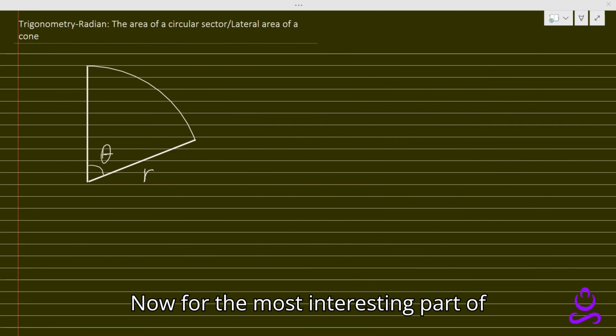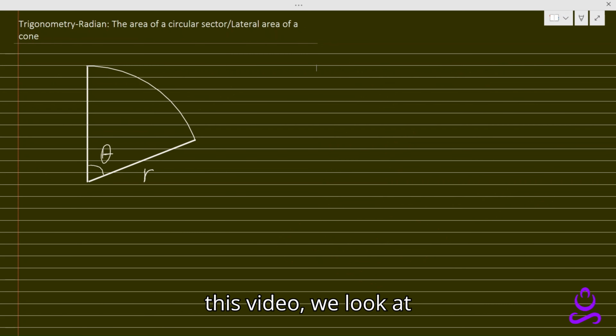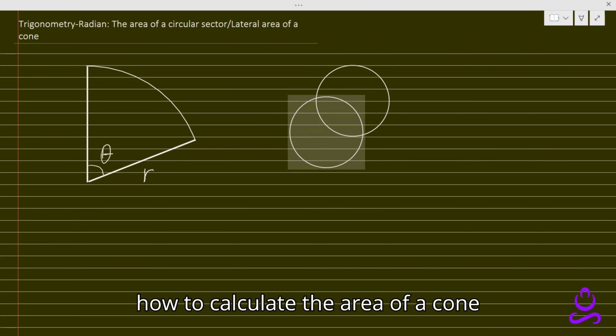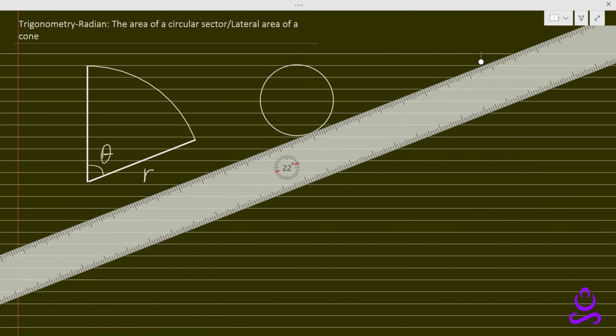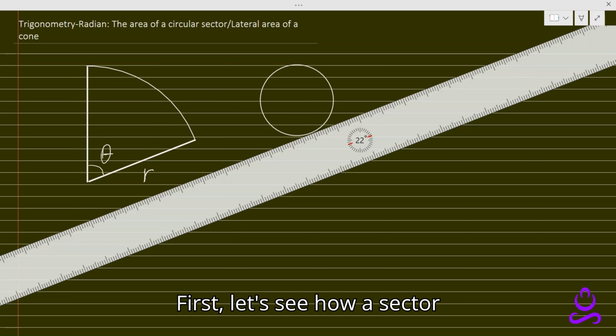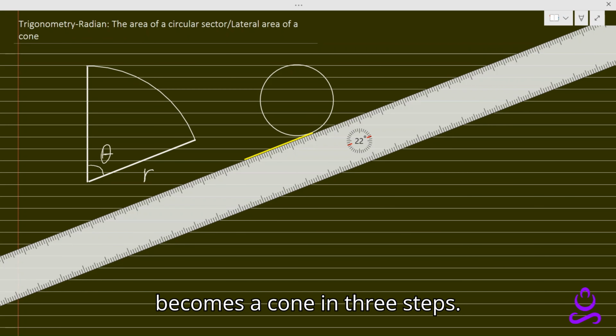Now for the most interesting part of this video, we'll look at how to calculate the area of a cone produced by rolling a sector of a circle. First, let's see how a sector becomes a cone in 3 steps.